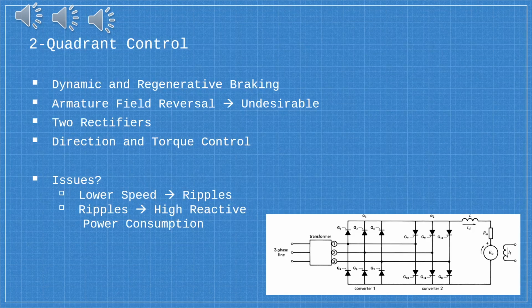So to solve this issue, we use two rectifiers which run in opposition to each other to enable us to control the motor in an opposing direction without reversing the armature field, hence offering both regenerative braking as well as the direction and torque control of the motor. However, this still doesn't solve the issue of voltage and current ripples at lower speeds and the consequent high reactive power consumption.